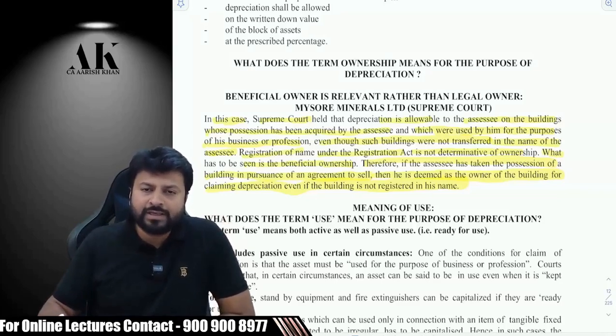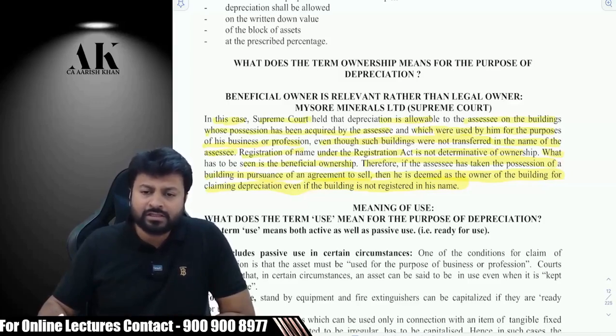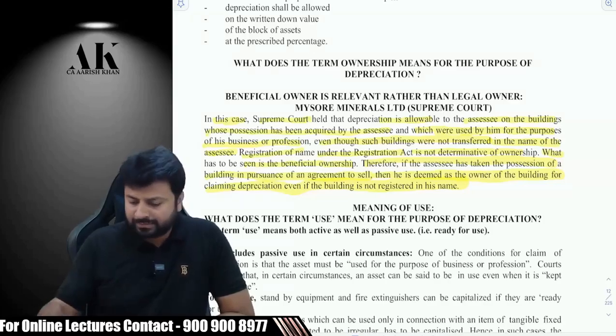So initially they give you the TC number, which is a temporary certificate to run the car for a temporary purpose till the time the original registration comes. It takes around 90 days from the date of purchase to get the original registration. So what do we mean by that? Till the time I don't get the original certificate, I am not the owner. Absolutely wrong. I am the owner from the very first day when I have made the payment and I have taken the possession of the car, right? So the entire concept over here is the substance over form concept.